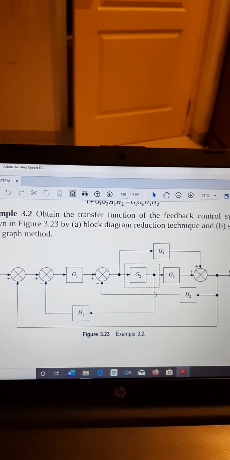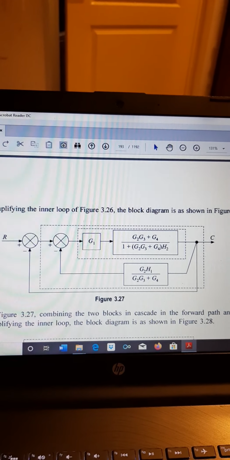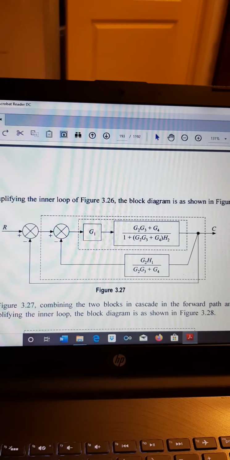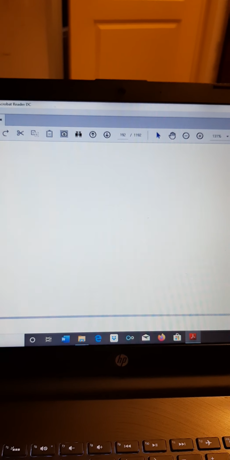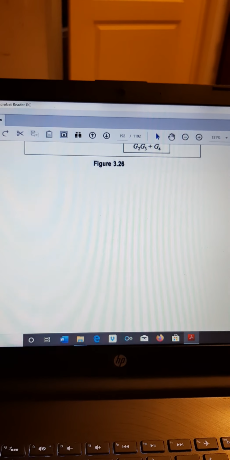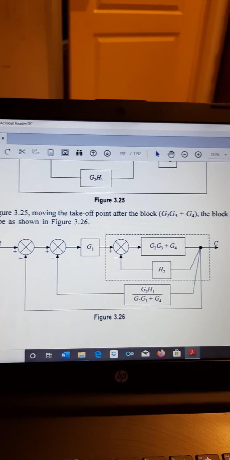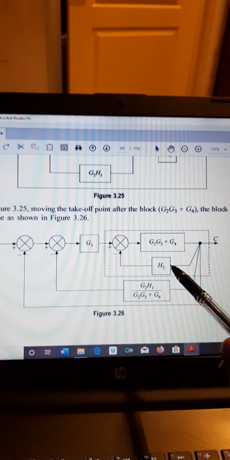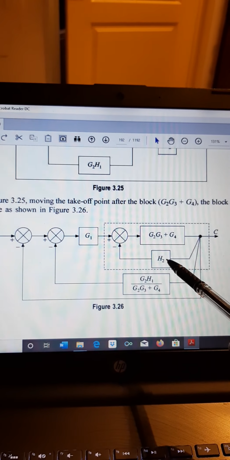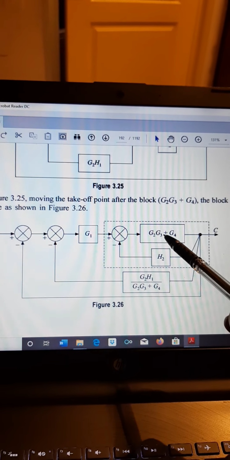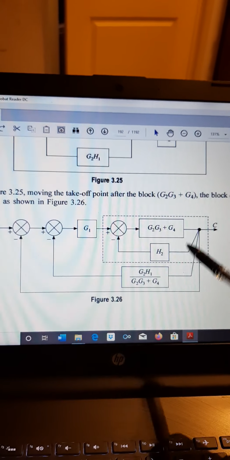Yes, here. As you can see, what is the effect of this? How are you getting G1?